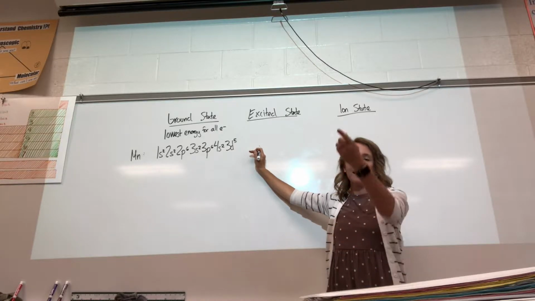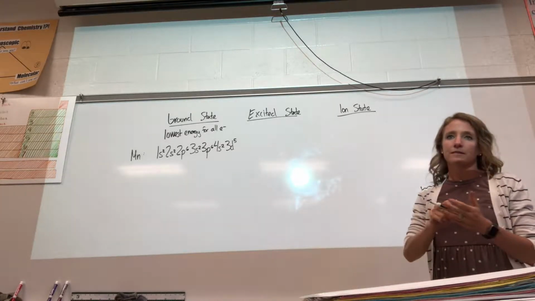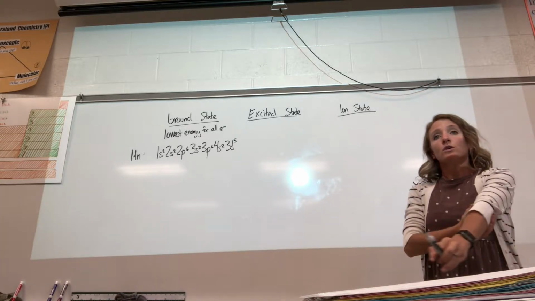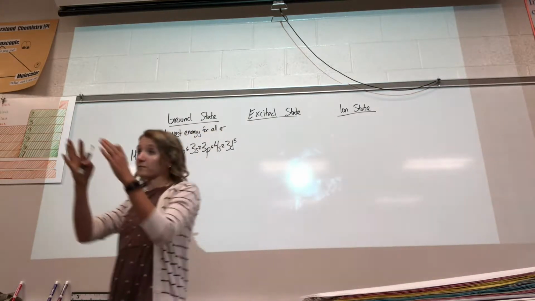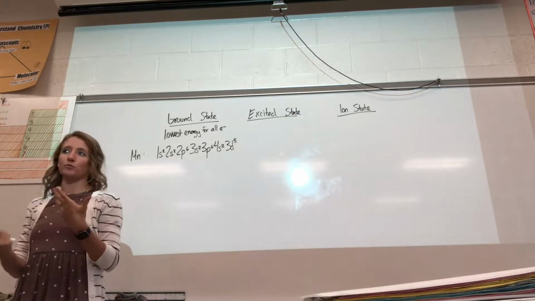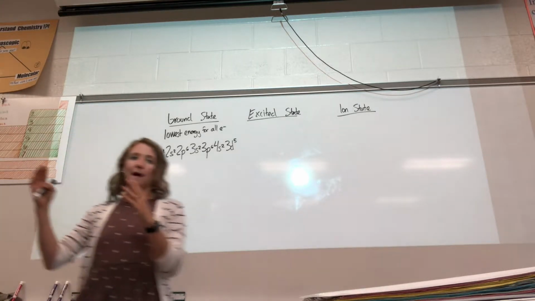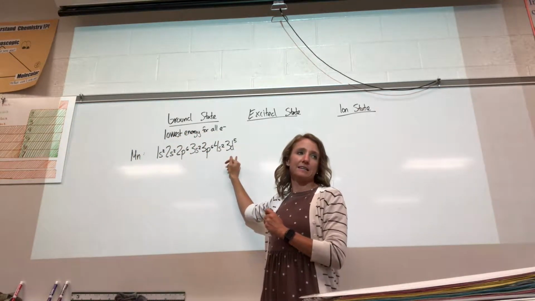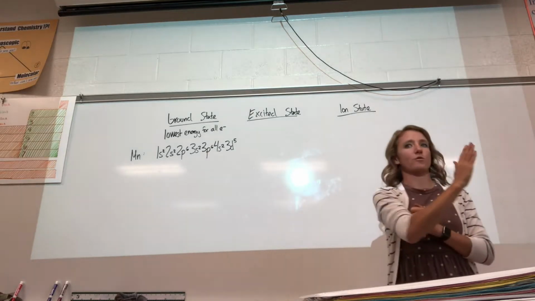Okay? Yeah, Eli. So on the quiz, it was written out with the 3d. Do we have to do it like that? So with the ground state configuration, it kind of just depends on who you talk to or what book you read. Sometimes people will write the ground state, even though the 4s fills up before the 3d, they put it in number order still.